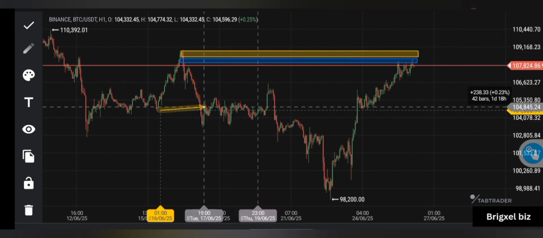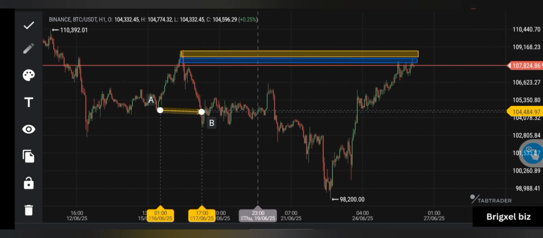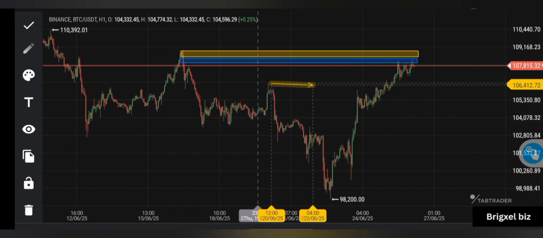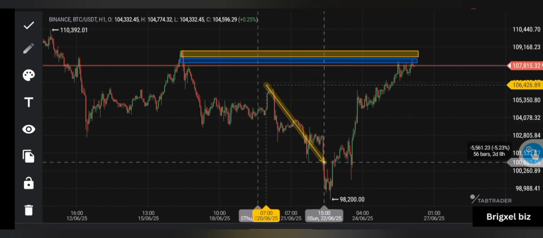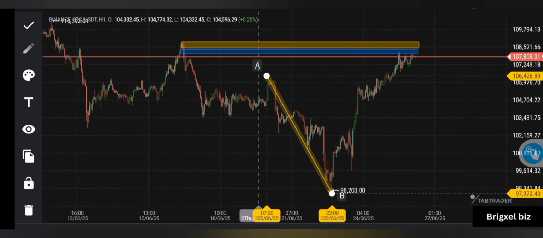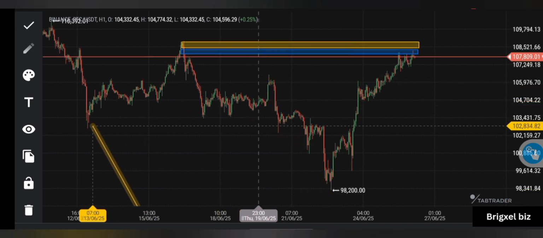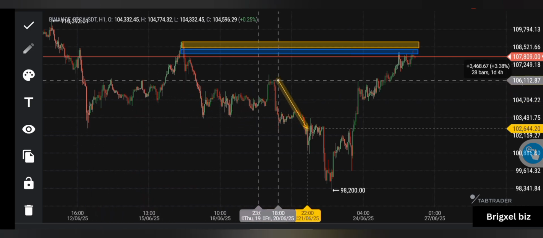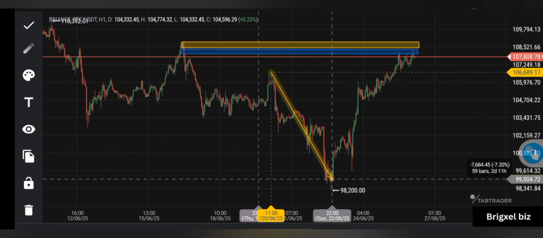Notice that that movement led to a break of structure, and then from there we had the market push down to this point. That meant we had a break of structure, because that low was taken out as a result of this push right here to this level.